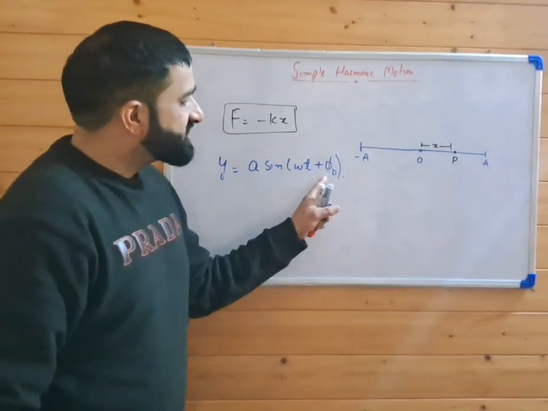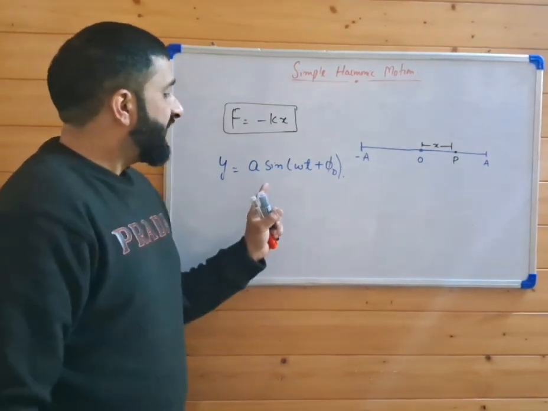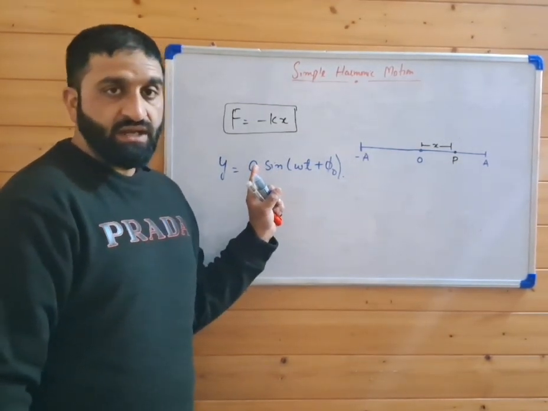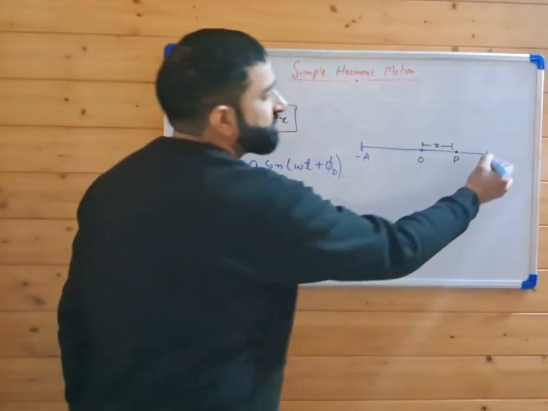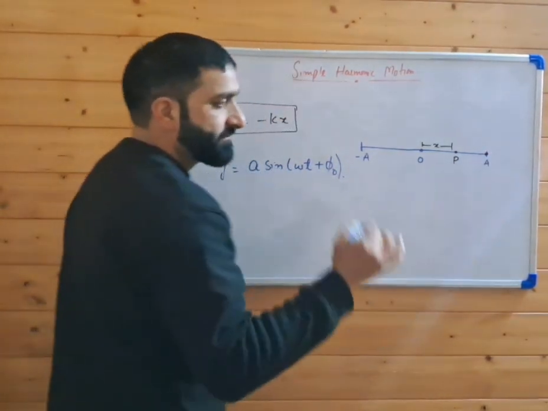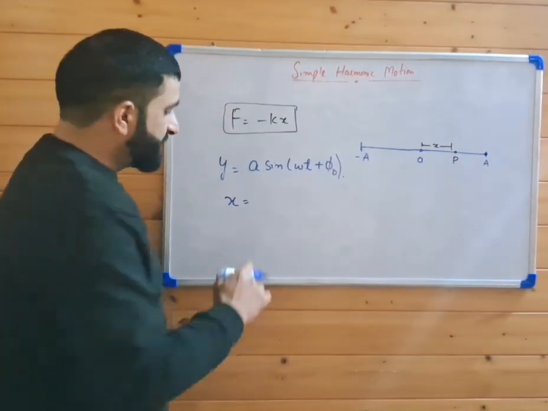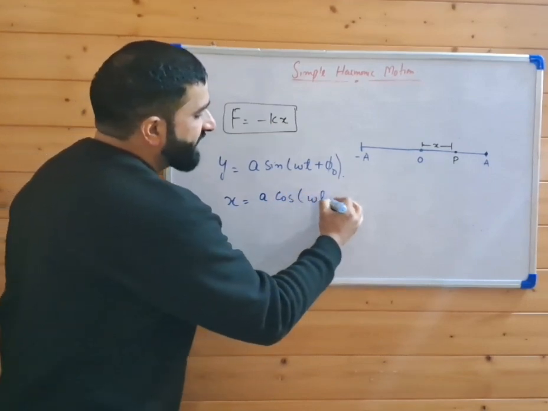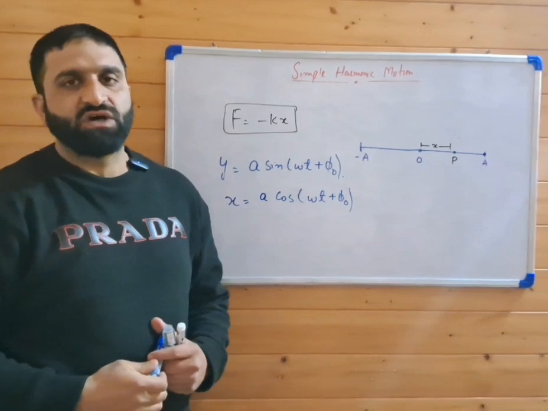Now this phi 0 is the initial phase or the epoch, as already discussed in the previous lectures, and the sine means the body is starting its motion from the mean position. If the body starts its motion from the extreme position, the displacement equation in that case will be shown by x is equal to a cos of omega t plus phi 0. Now this phi 0 is initial phase or epoch.